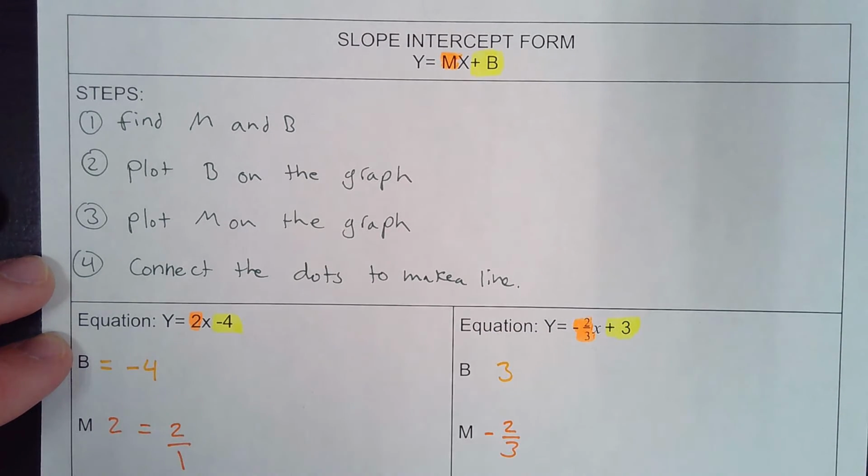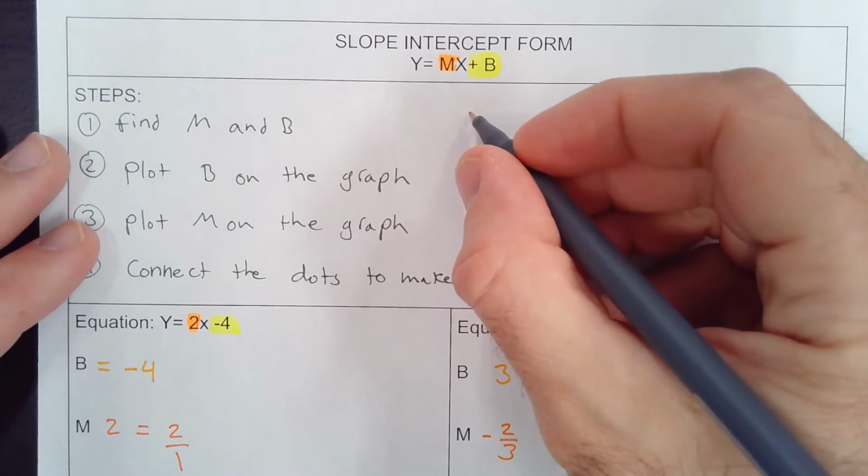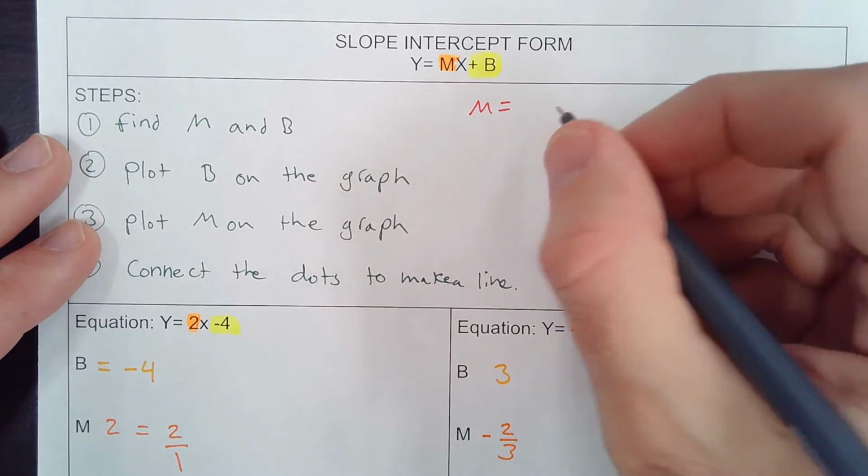So find m and b, we did that. Plot b, we're going to do that in a minute. Plot m, we'll do that. And connect the dots to make a line. Before we go into actually graphing it, let's talk about our m a little bit more. So m we can think of as the slope.